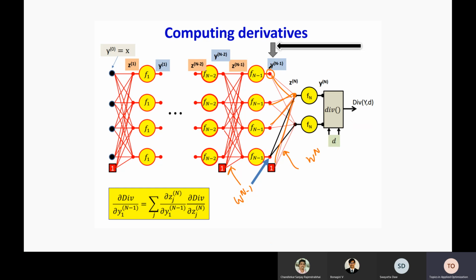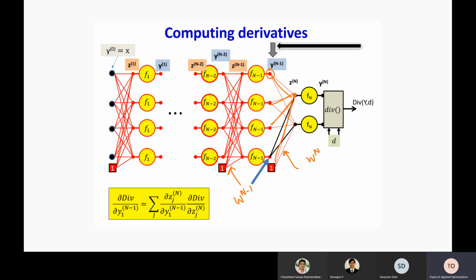But in this case, if you see yn minus 1, the yn minus 1 is depending on both Zn1 and Zn2. Okay, so it's depending both on Zn1 and Zn2. So that is why now we have to sum over Zn1 and Zn2.